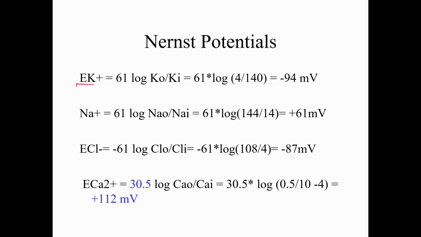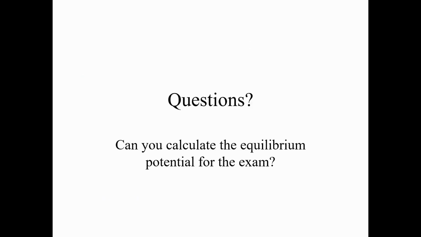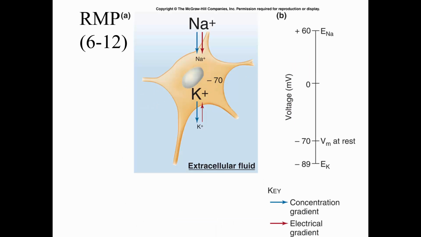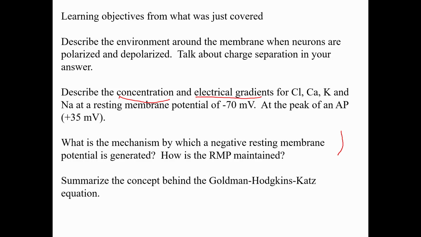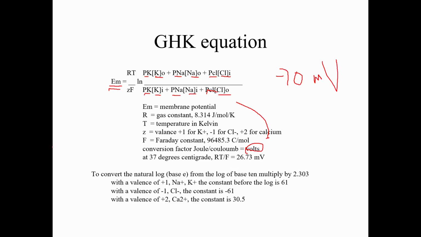So the equilibrium potential of potassium is equal to 61. Now where did 61 come from? 61 came from right here. You put all these constants in and you assume a valence of +1, your constant is 61.